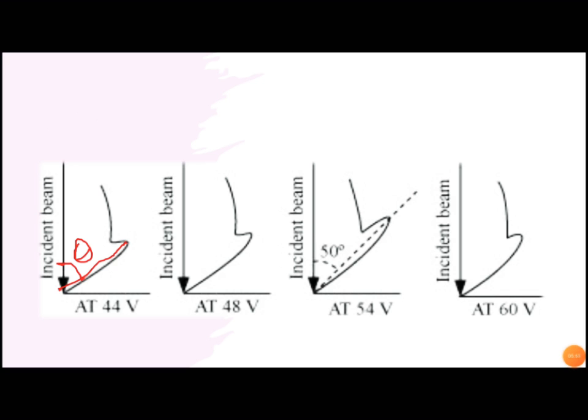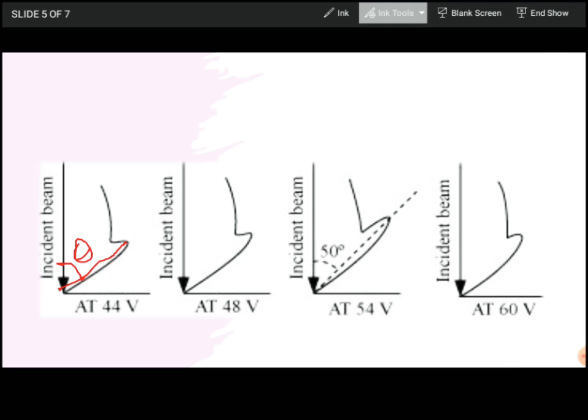At 44 volts, a small but distinct spark appears at an angle of about 60 degrees. The length of the spark increases at higher accelerating potentials and the angle at which it appears also changes.